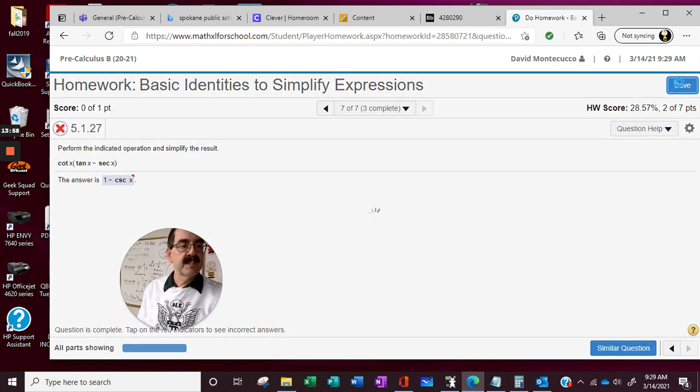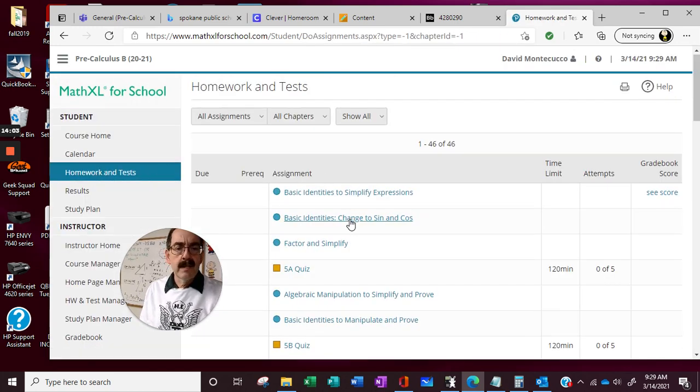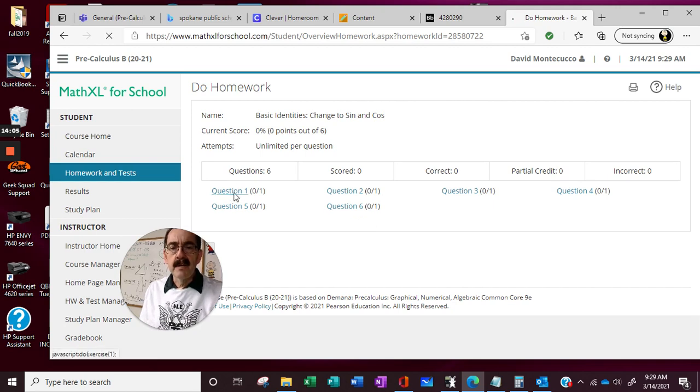Alright, let's hit save. And just for fun, change sine to cosine. Let's try another one.